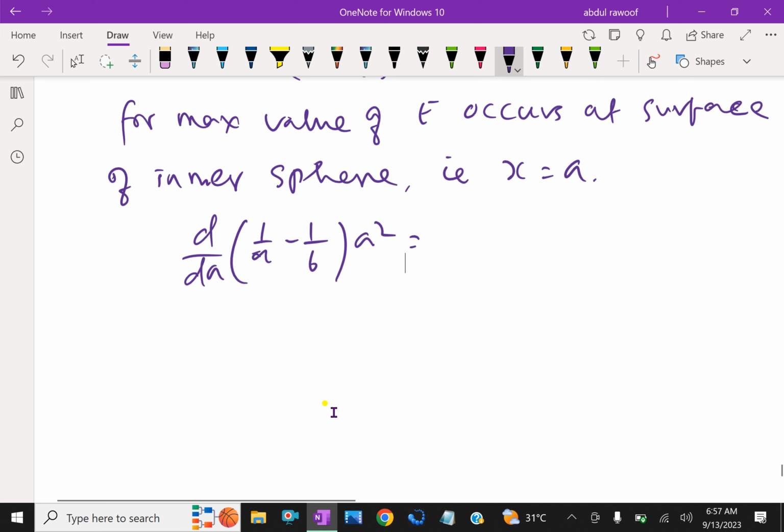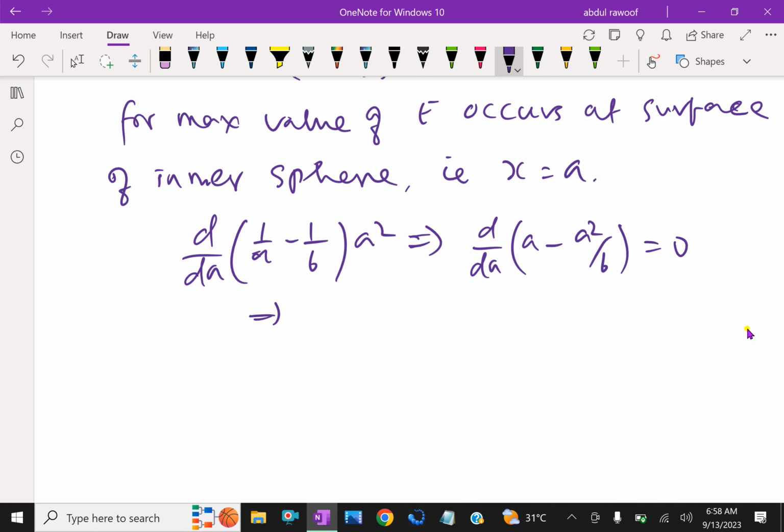Now multiplying A square inside, A square over A is A, minus A square by B, equal to 0.